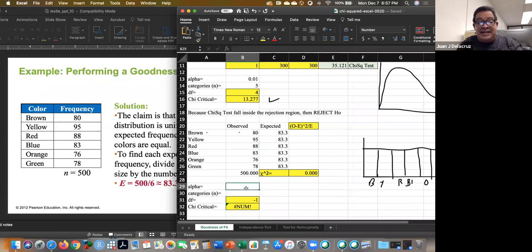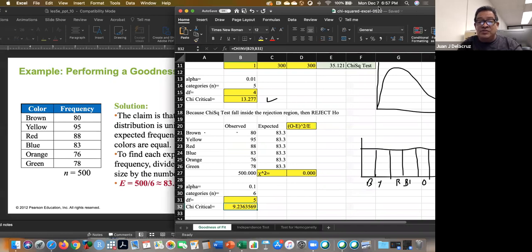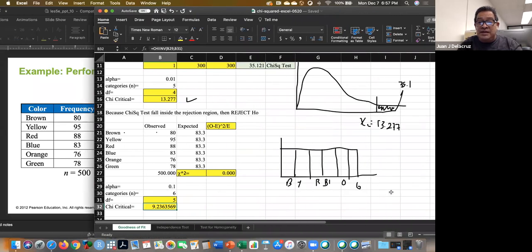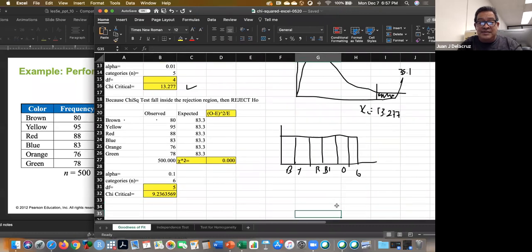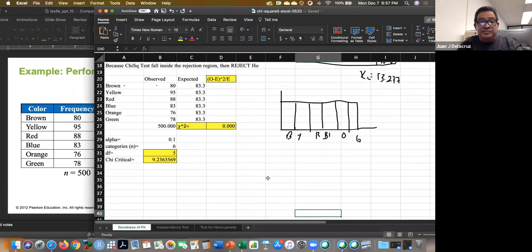And then at the 10% level of significance, we have 1, 2, 3, 4, 5, 6. So I have 6 categories, so I have 5 degrees of freedom. So this is gonna be my chi-square distribution. So let me go a little bit higher here. So what we have here is the following.